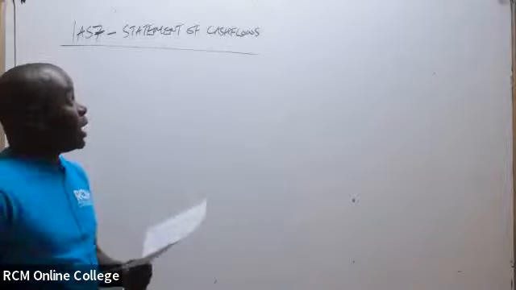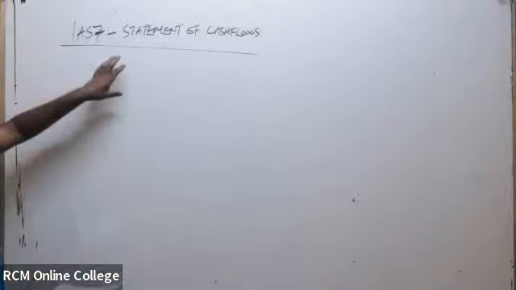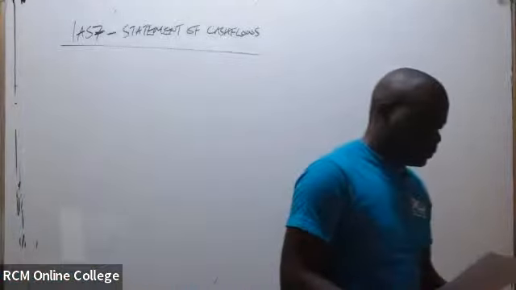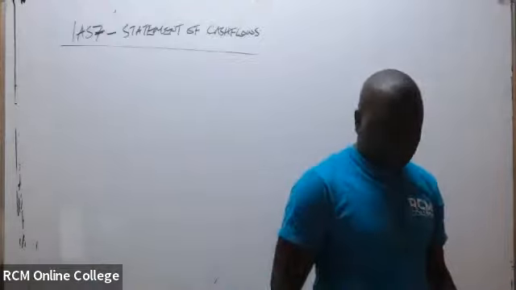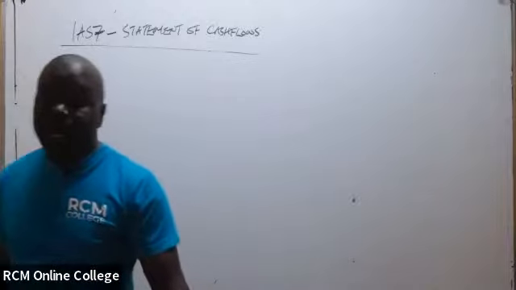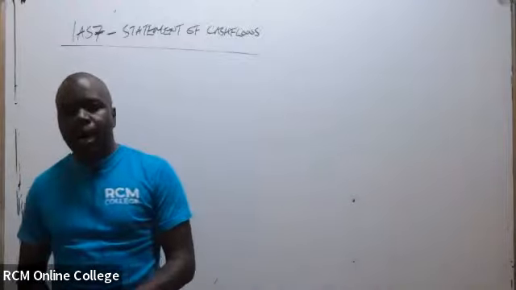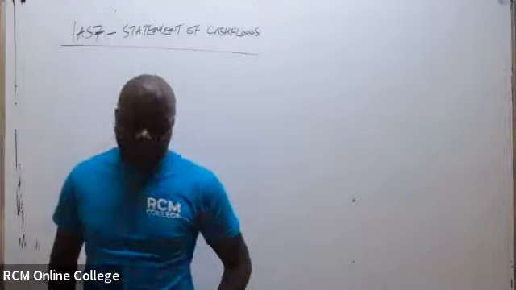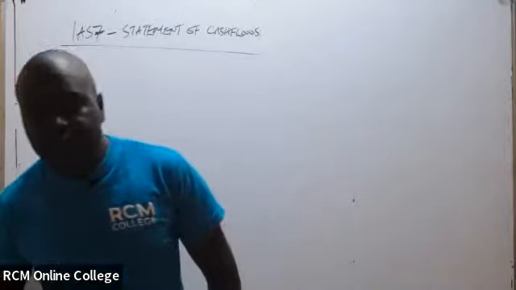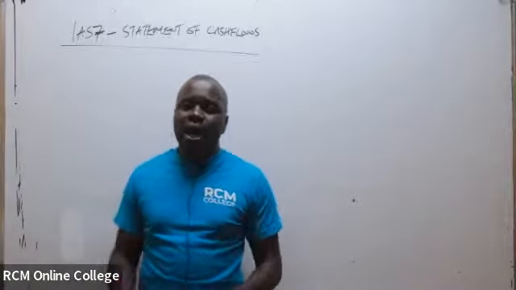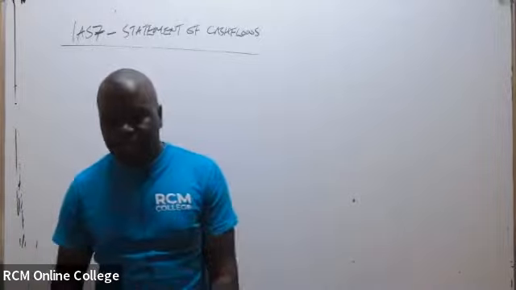But in this case, let's look at International Accounting Standard number 7, Statement of Cash Flows. So what is a statement of cash flows? Sometimes organizations are very interested in knowing how their cash flows behave. Ideally here, we're looking at what our sources of cash as a business are, and of course how we spend this cash.